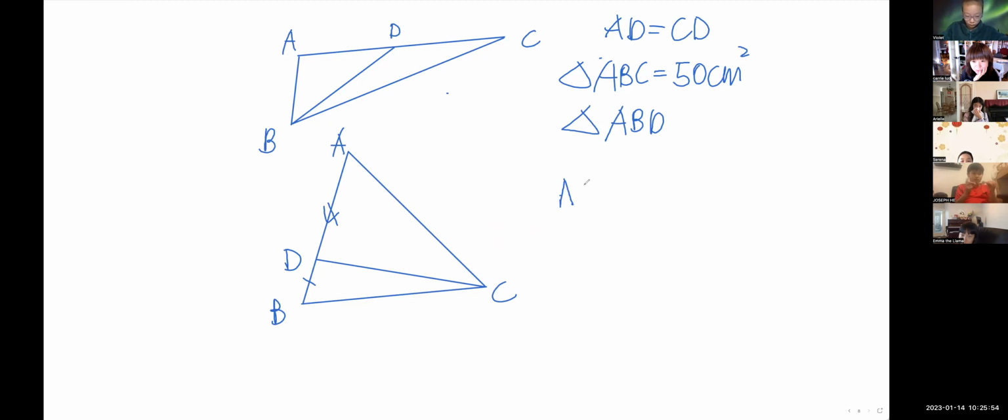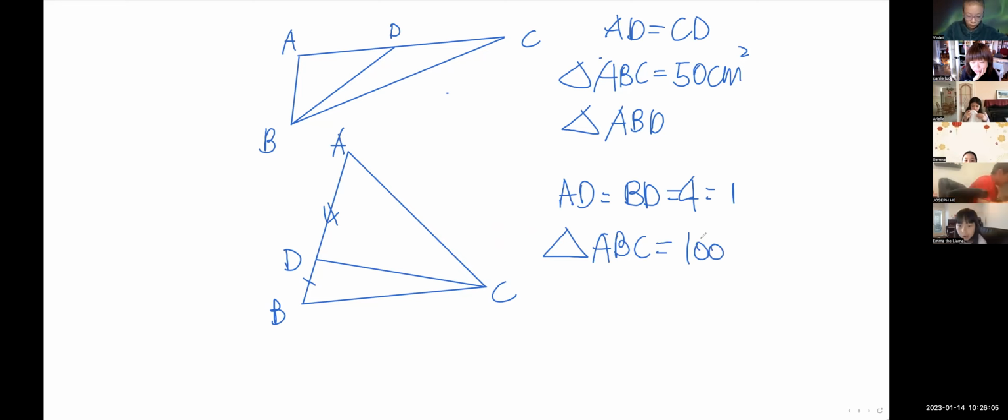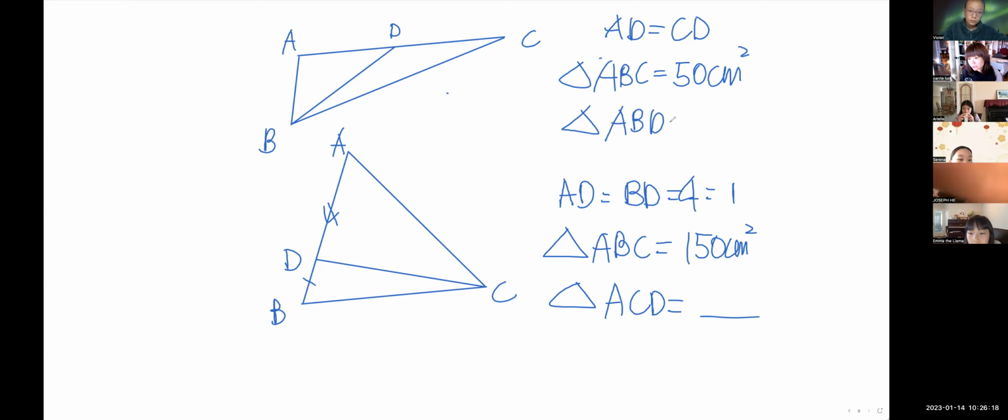So AD to BD equals 4 to 1. Okay, and triangle ABC equals 100, and, I want to make it harder, 50 centimeters square. So what is the area of triangle ACD? Okay, so 2 questions, everybody, please tell me.